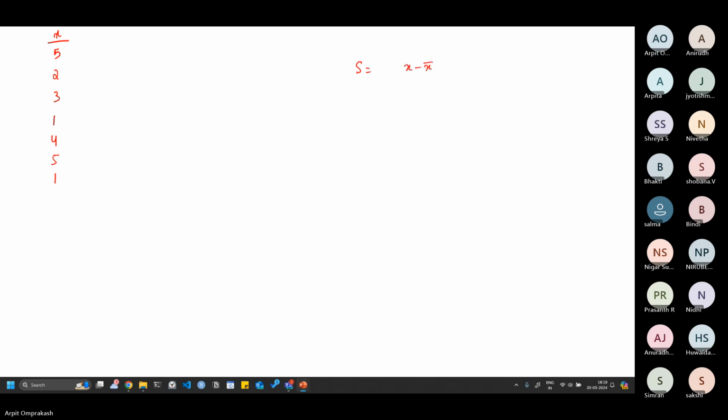So standard deviation is given by x minus x bar, this formula, right? So first we need to calculate the mean. So x bar will be the sum of all of this: 5, 2, 3, 1, 4, 5, 1, divided by 1, 2, 3, 4, 5, 6, 7, so 7.